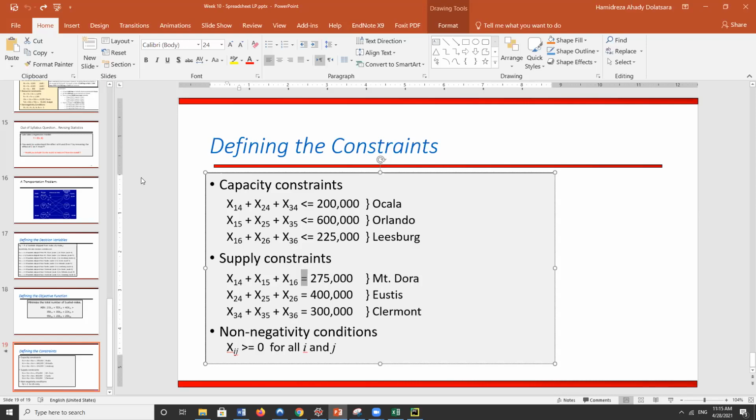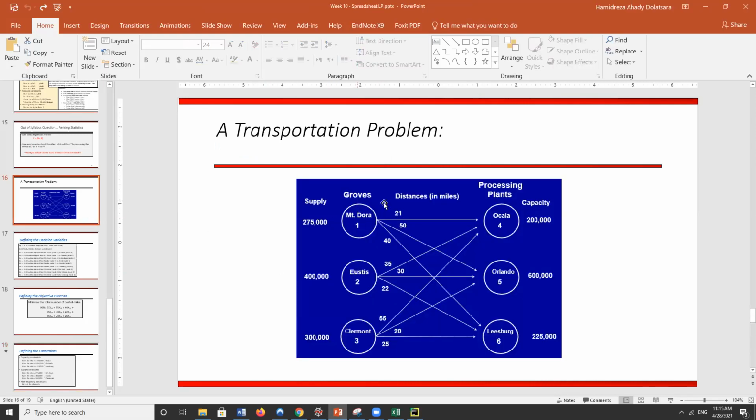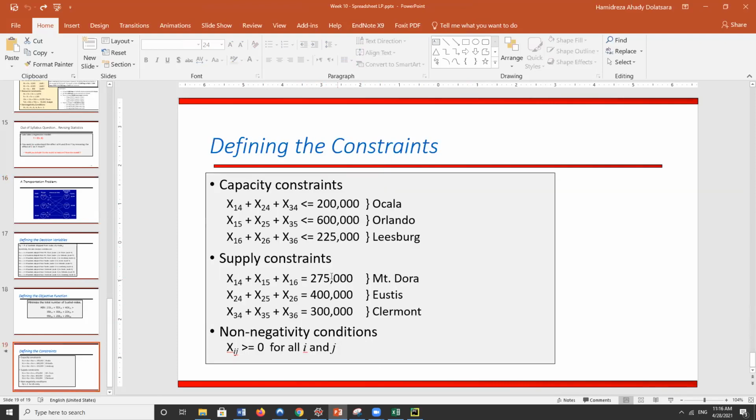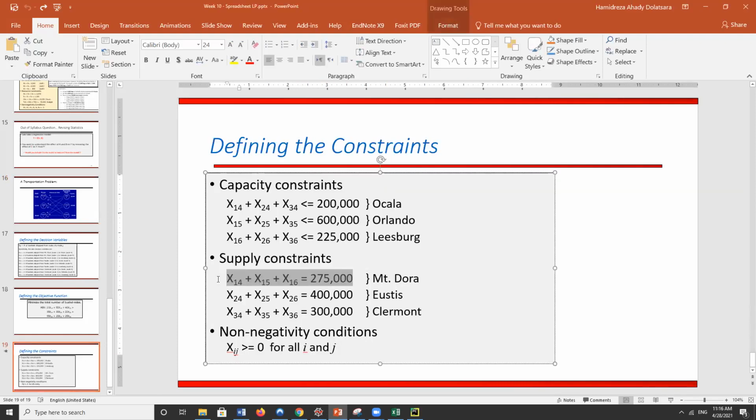So we don't want to leave anything here. We want to send everything out. That's the reason the supply capability was 275K. With this equation, it just means we want to send everything out.